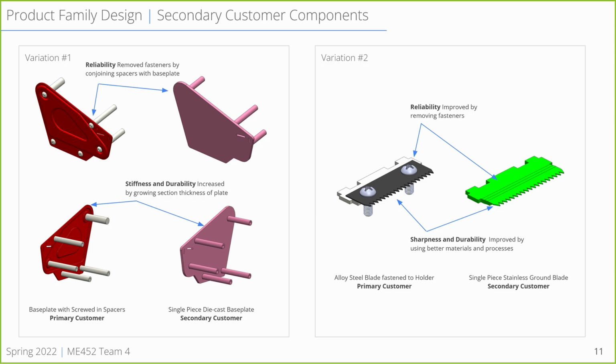This also increases the reliability by removing the fasteners which may come undone during usage. With our second variation, we achieve greater sharpness and durability in the blade and greater reliability of the blade by removing fasteners here as well. We do this by using higher quality materials and more expensive processes to manufacture the single piece blade.